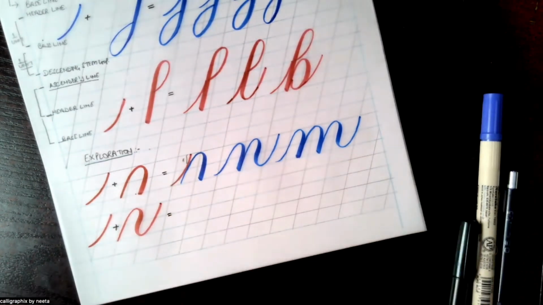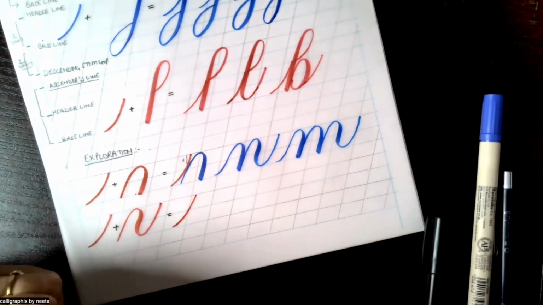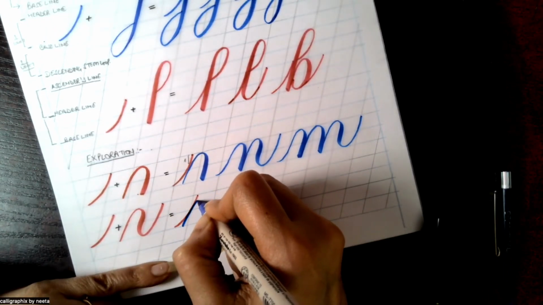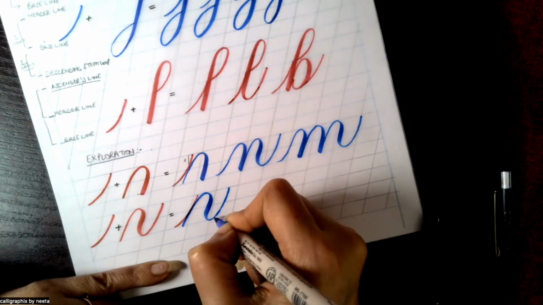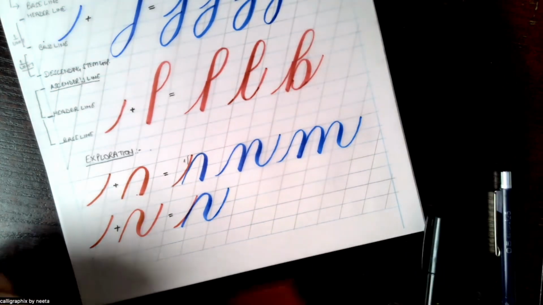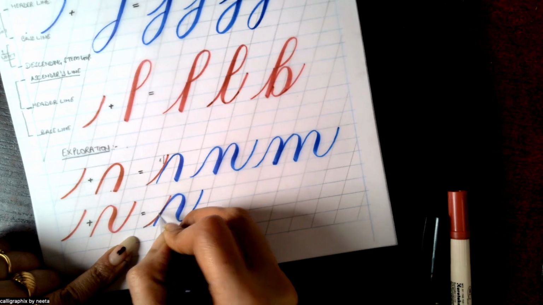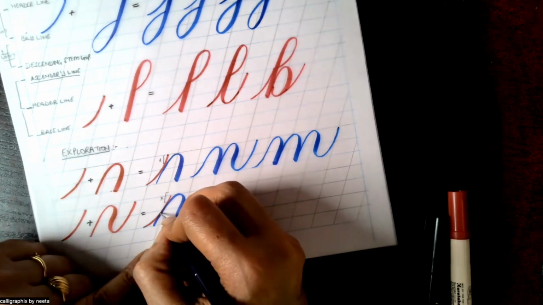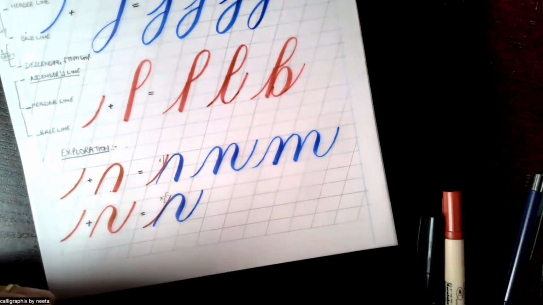The same way, when we are making this entry stroke and we are connecting it with our compound curve, what best we can do here is that we can take this like this, then combine it with this, not taking this part of the entry stroke, and then let's see what it becomes.